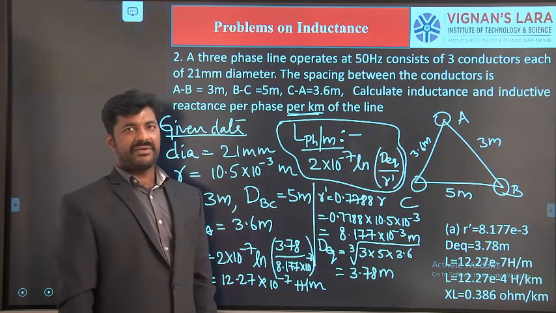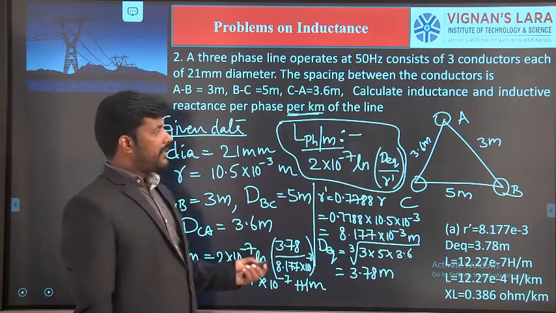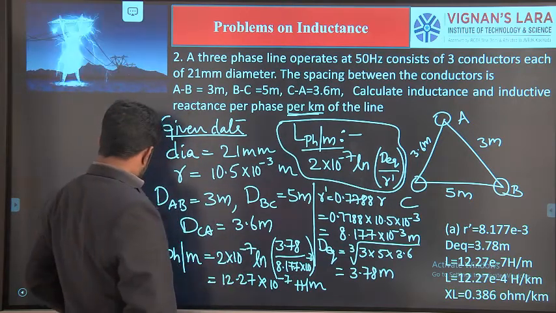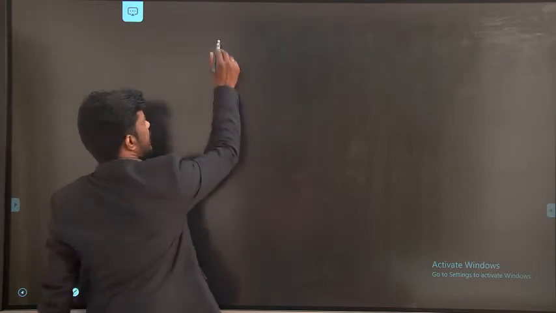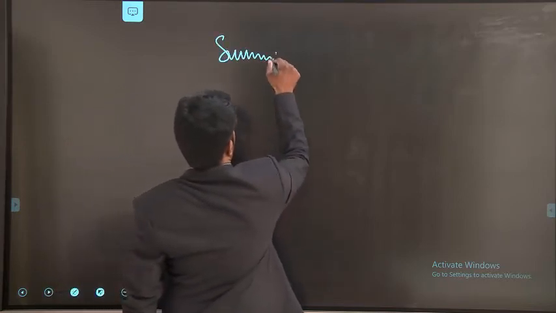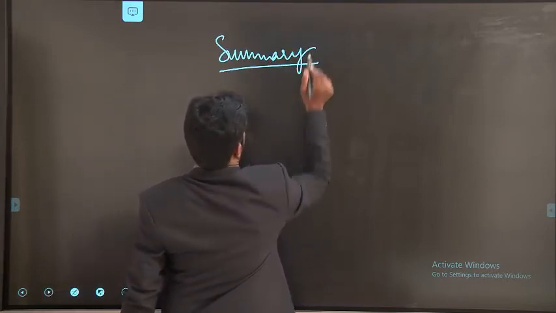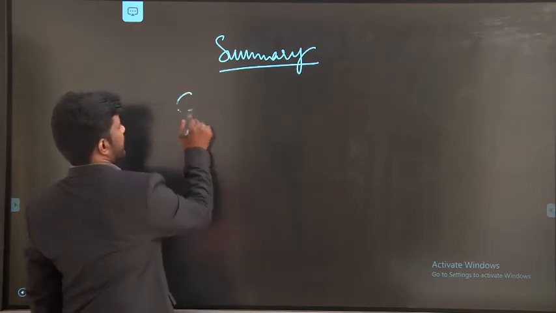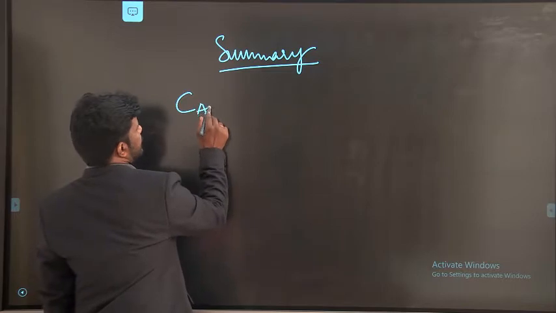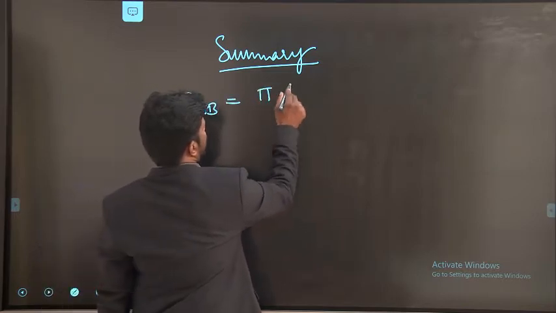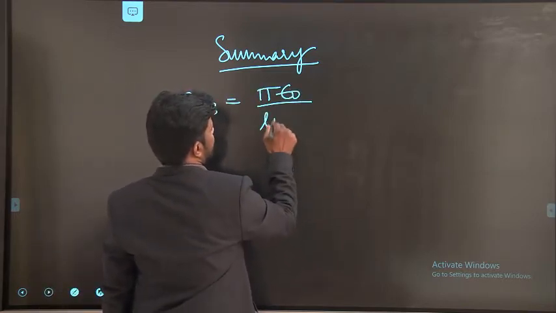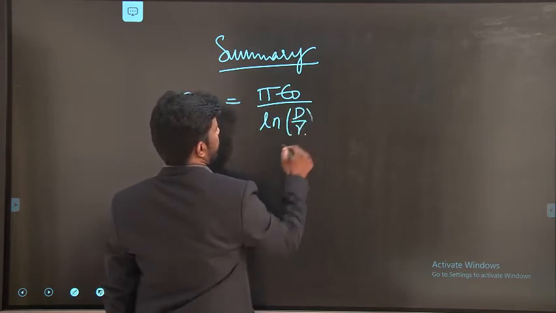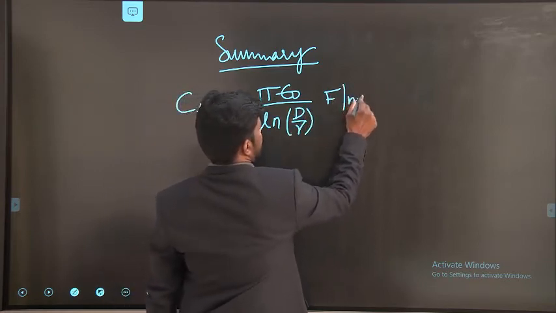Today's class, let us have a summary. So far we have concluded many points. Let us take the summary. The capacitance of the single line was calculated in the initial stage. We call that CAB, whose value is equal to pi epsilon naught by ln of d by r farads per meter length.